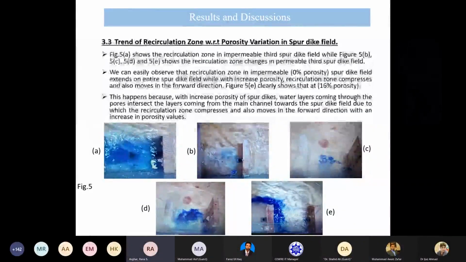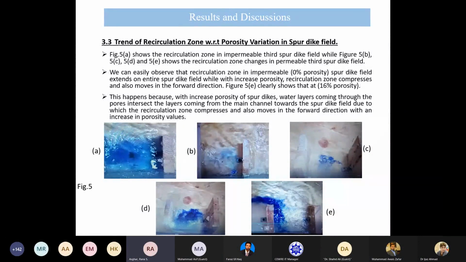And third, trend of recirculation zone with respect to porosity variations in spur dike fields. These are the recirculation zone trends shown in figures A, B, C, D, and E. Figure 5A clearly shows the recirculation trend at 0% porosity.